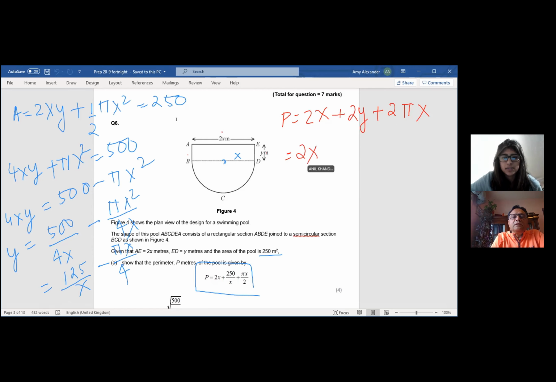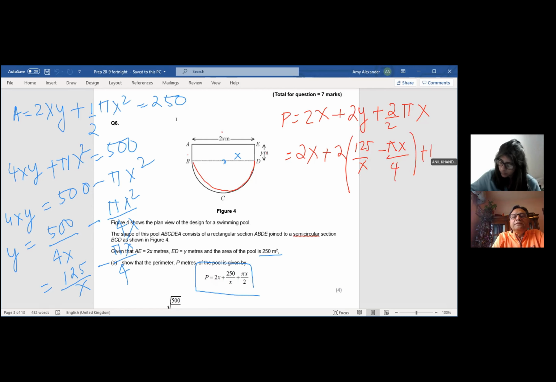The circumference is pi d, half of this, so pi x. So 2x plus 2 times the y value, which is now 125 over x minus pi x over 4, plus pi x.